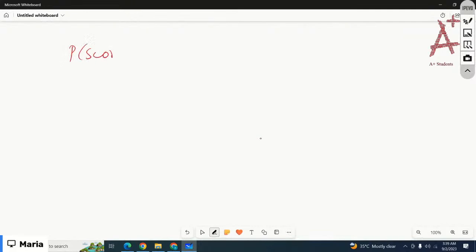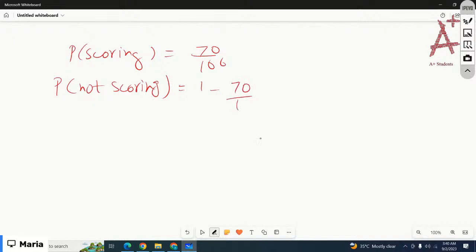So the probability of scoring is 70 over 100, because it is 70%. That means the probability of not scoring is 1 minus 70 over 100. It would be 1 minus 7 over 10, and 10 minus 7, 3 over 10, it is, right?